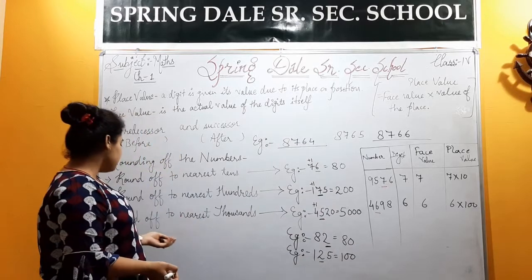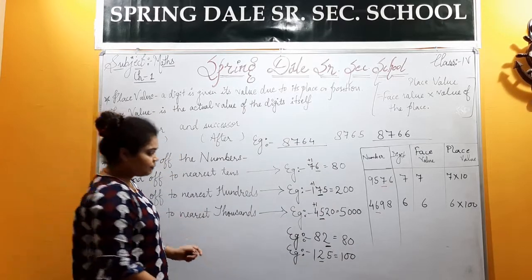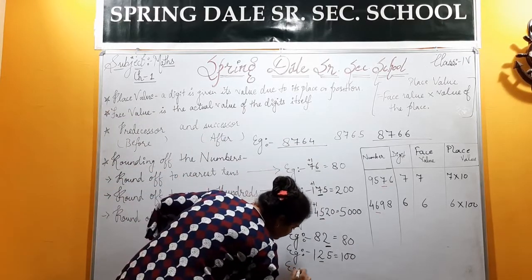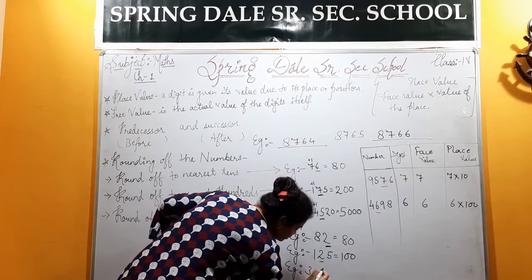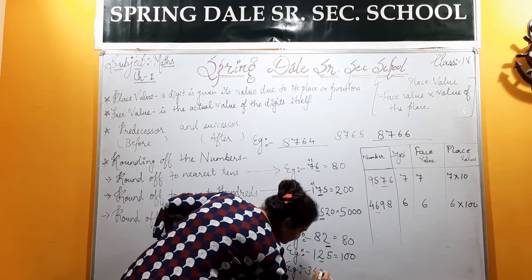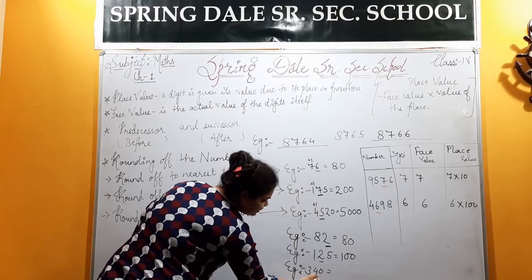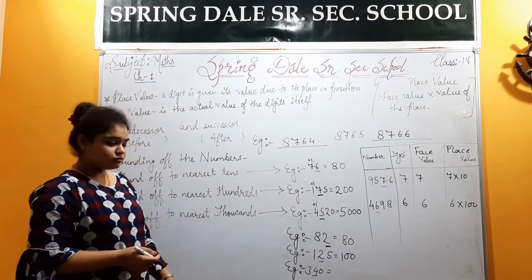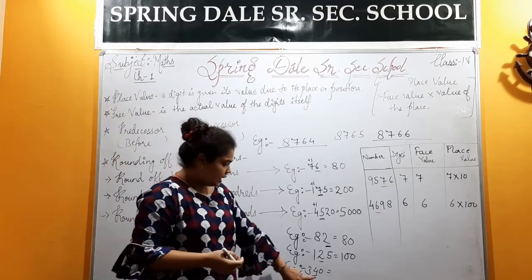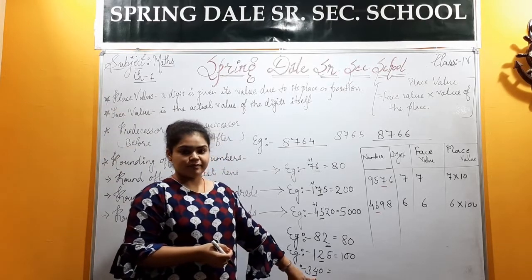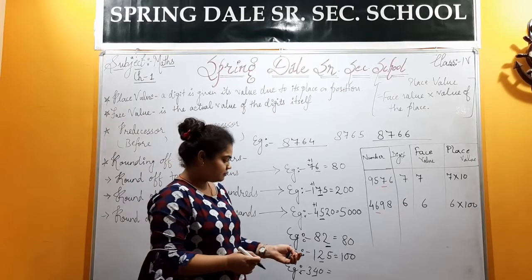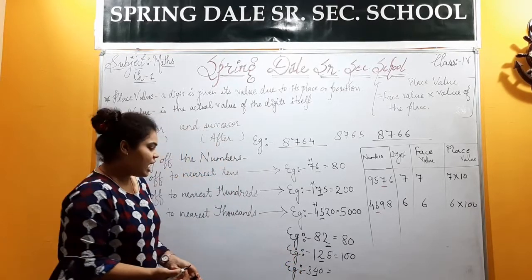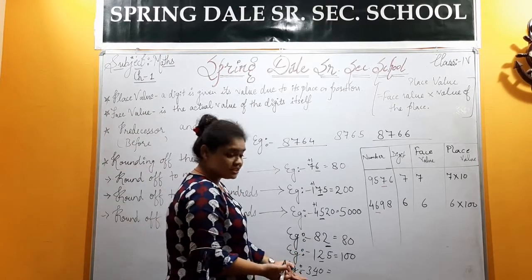Taking one more example for the nearest 1000, we will just write 340. Now we will see this 4. It is less than 5. Oh, sorry children, I have to write a 1000 number here.